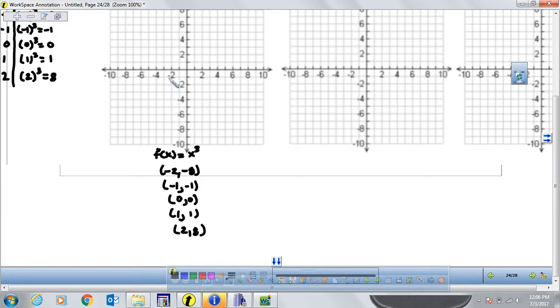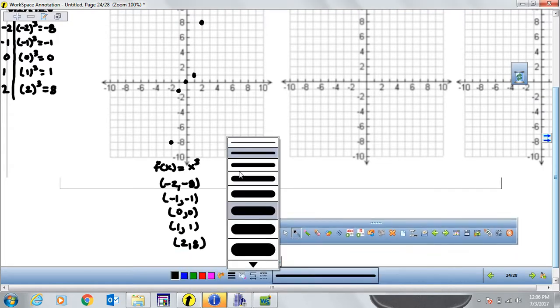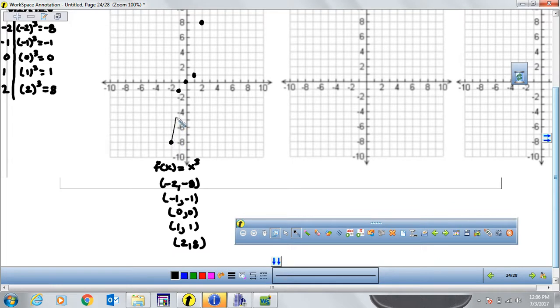Let's graph this. (-2, -8) is right here, (-1, -1), then (0, 0), then (1, 1), and then (2, 8) up here. Keep in mind the graph of x cubed looks S-shaped. This is what we would see on the graph, and this is f of x.